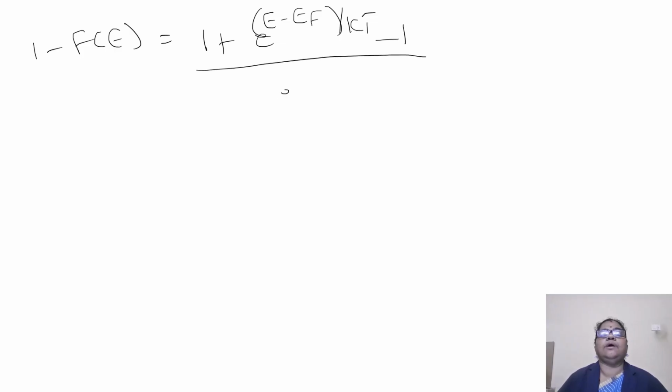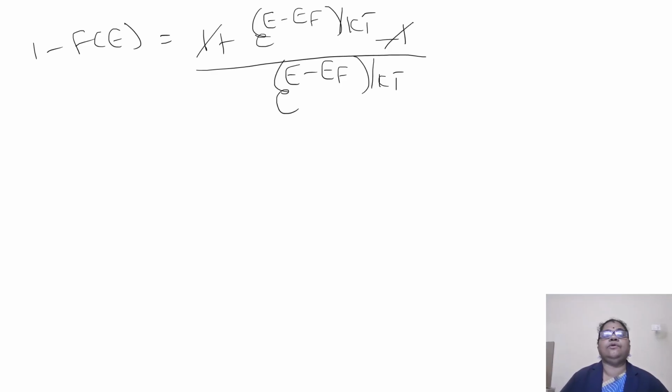We can write 1 minus F of E as 1 plus e to the power E minus EF by KT minus 1, everything divided by 1 plus e to the power E minus EF by KT. With this expression, we can cancel the 1 and 1.